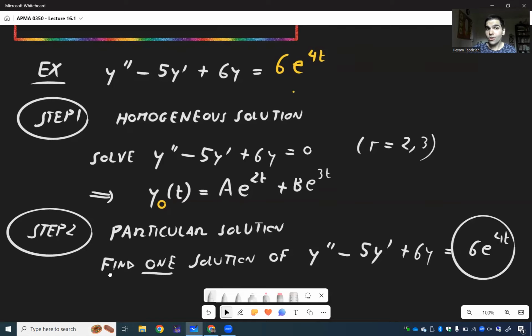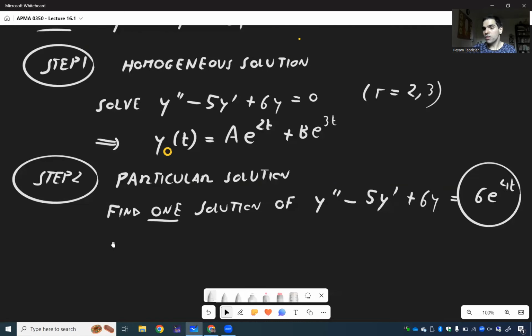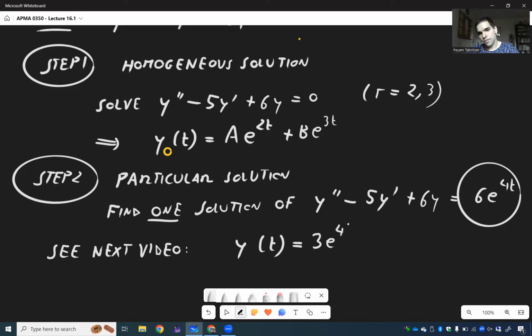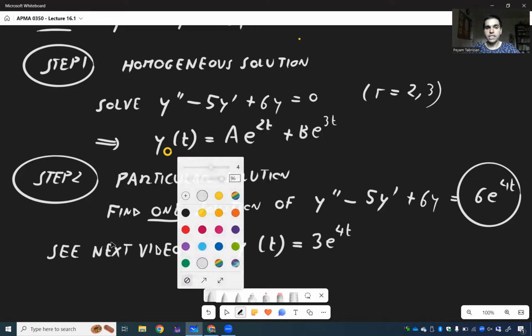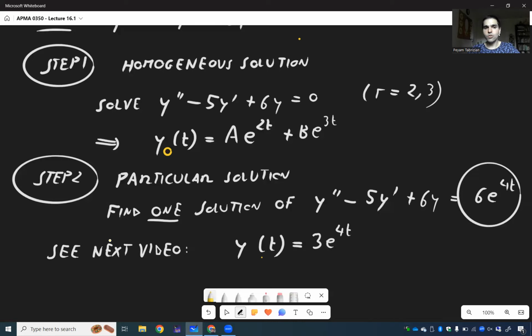I will show you how to do this in the next video. We will need undetermined coefficients, so see next video. And it turns out the result will be y of t is 3e to the 4t. So one solution will be 3e to the 4t. And to specify that it's one solution, we write a little yp, as in particular solution.